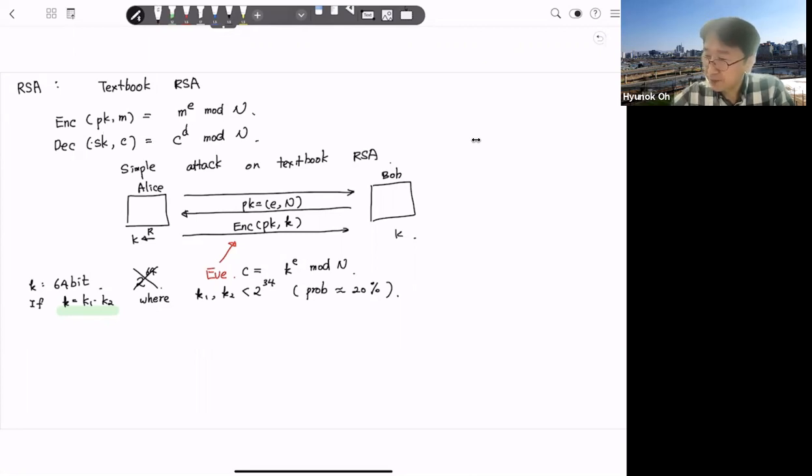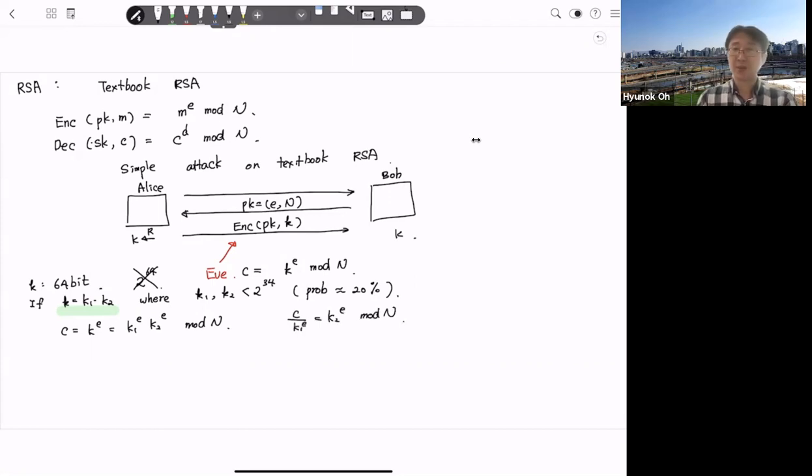Then C is K to the E, which is K1 to the E times K2 to the E, mod N. Then if we divide, C over K1 to the E equals K2 to the E mod N. Using this fact, Eve first computes all possible cases for the left term. C is given, so Eve knows the C value.